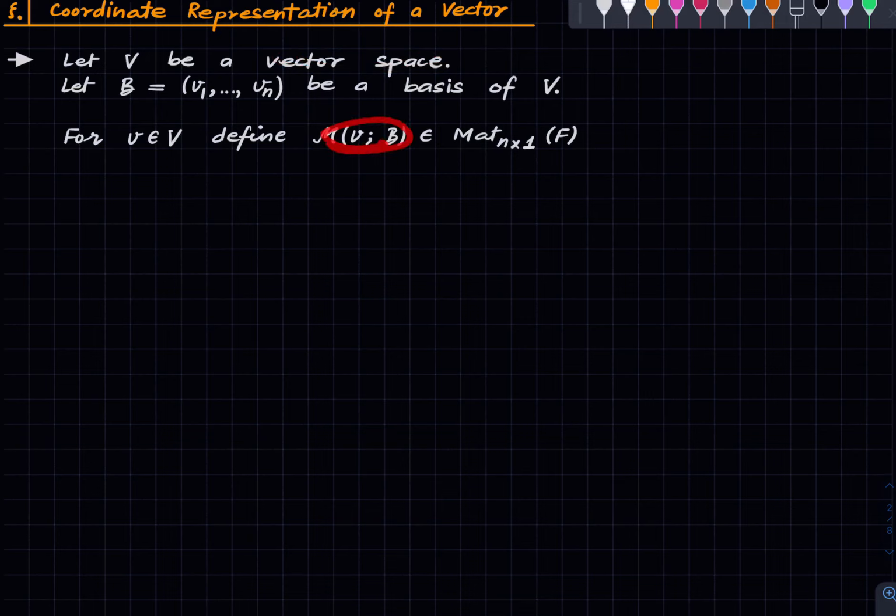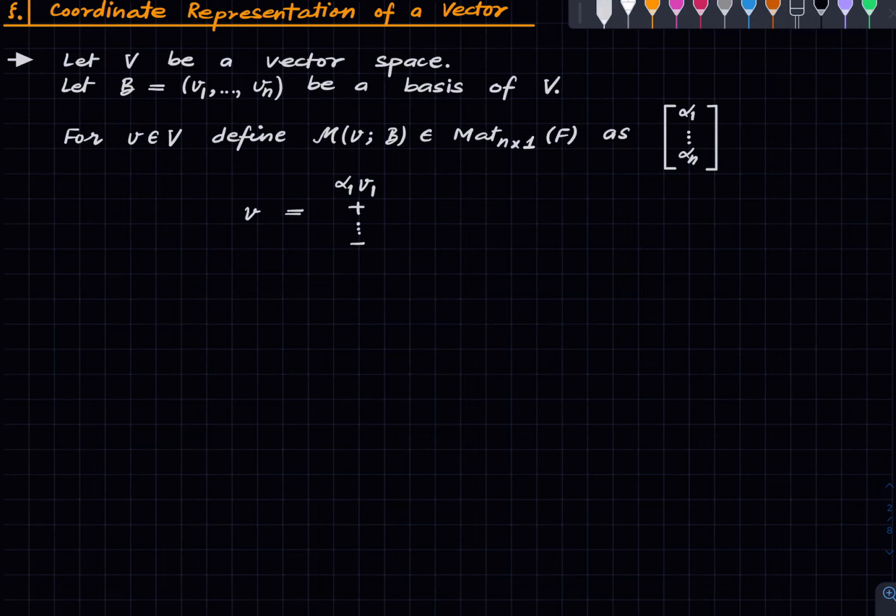All right, so this is a matrix which is defined as this thing. What are these alpha i's? You write the vector V as the linear combination of V1 up to Vn in this manner.